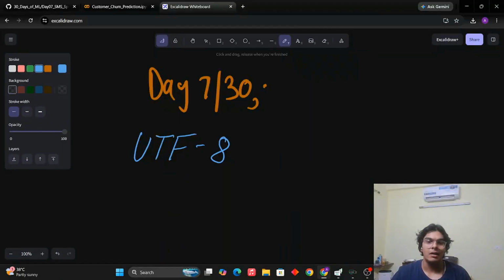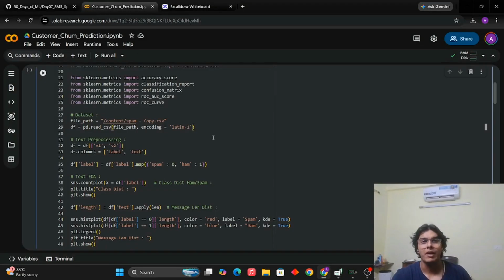So if we proceed like that, we get an error and the model will not run appropriately. So we first need to convert it to UTF-8 encoding. This is what we have done right here. Now, after the encoding to UTF-8, we move forward and do the pre-processing.